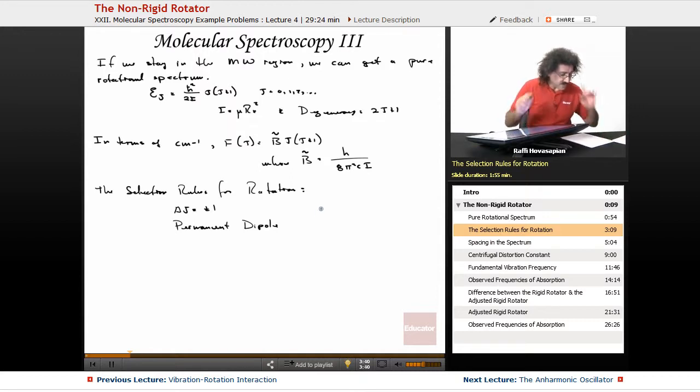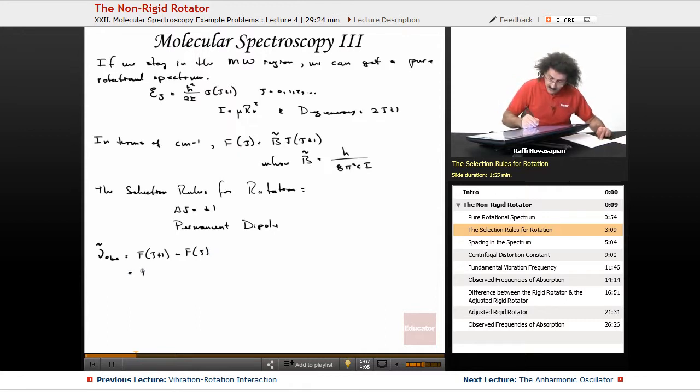So the frequencies that we should observe in the rotational spectrum are of course the upper minus the lower. So it's going to be F of J plus 1 minus F of J. Let me go ahead and do the algebra.